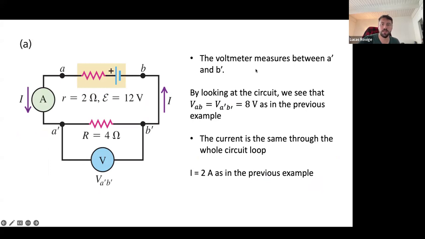So in the first case, the voltmeter measures the potential between here and there. Here the current is flowing through the system, and we've seen the potential difference at both ends of the resistor is 8 volts. And the current is the same, and so we measure 2 amps in that system.